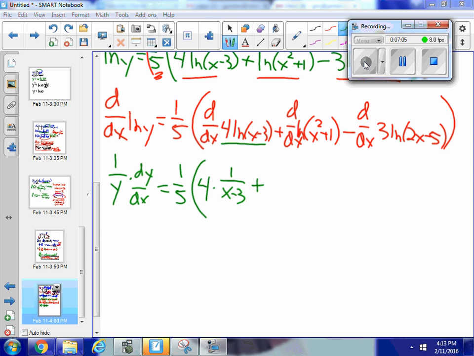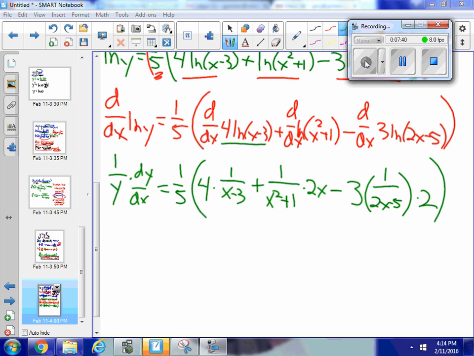But it's 1 over x² + 1 times the derivative of the inside, which is 2x, minus, in this one here, I'm going to pull the 3 right through the derivative, and I have the derivative of the logarithm of 2x − 5, so that's 1 over 2x − 5 times the derivative of the inside, which is 2.